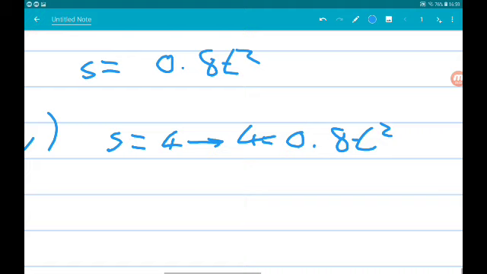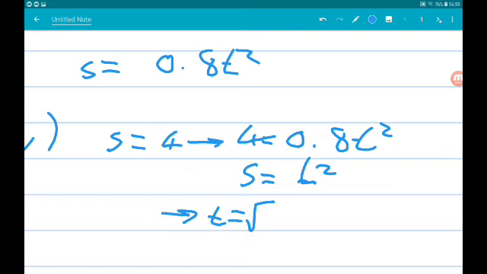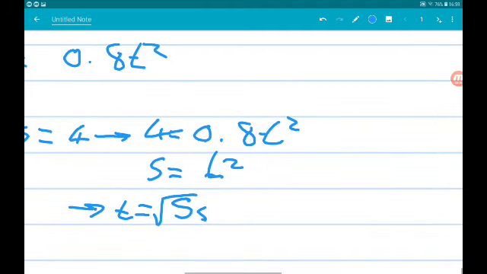Divided by 0.8, 5 is t squared. Square root, t is root 5 seconds, which is, to 3 sig figs, 2.24 seconds. Cool.